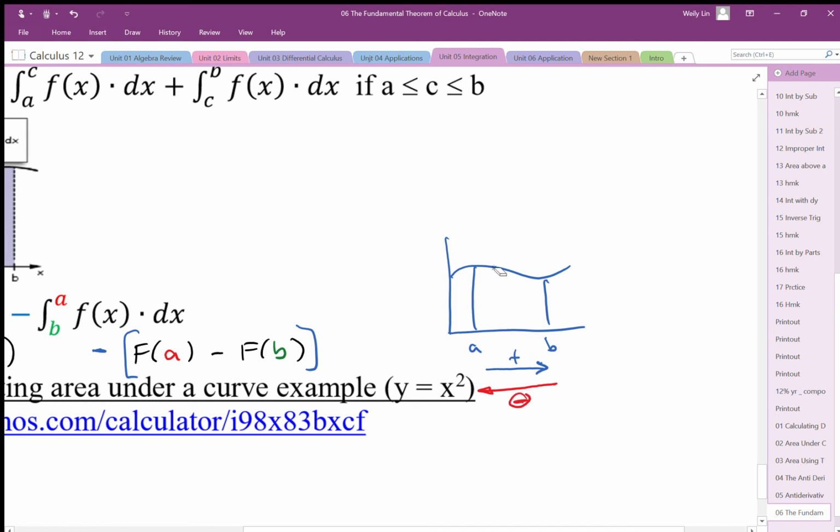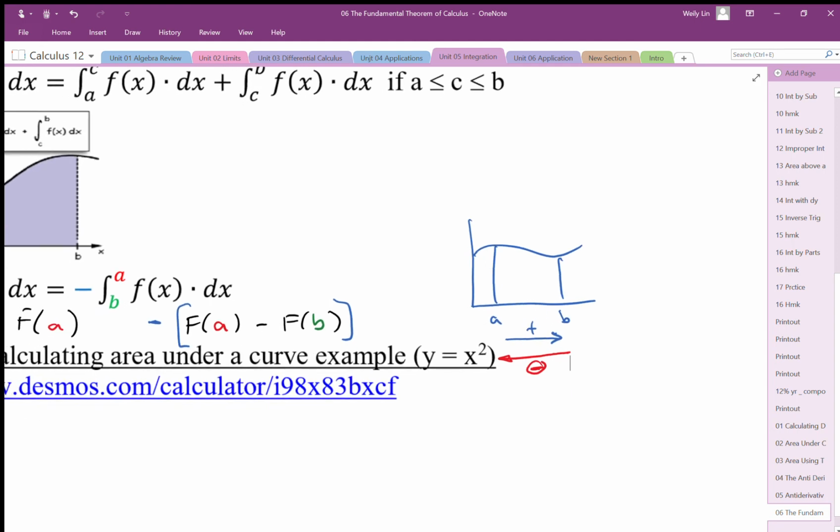Although it's above the curve, it's negative. Try to understand it this way. If I start at time 0 and gain some distance, if I go backwards in time, I'm going to lose that distance. So that area should be negative. Okay, so when we integrate left to right, area above is positive, area below is negative. Right to left, the opposite occurs.